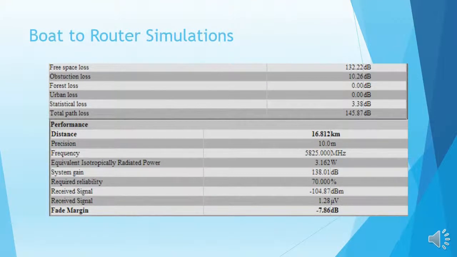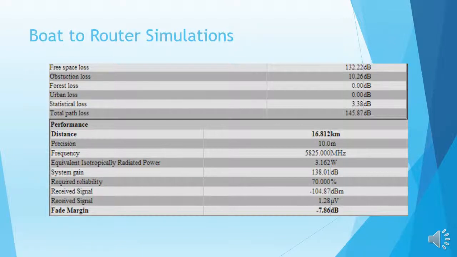Disappointingly, inputting these lengths in the simulation produced a larger received signal power loss, with a received power of negative 104.87 dBm. We can see that an extra 13.5 dB was considered in the simulation in obstruction losses and statistical losses.